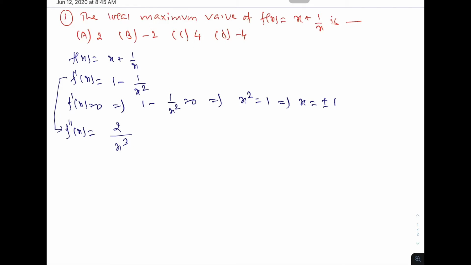And we want maximum value. So we know that if the second derivative at the point is negative, then we get f is local maximum at x equal to a.